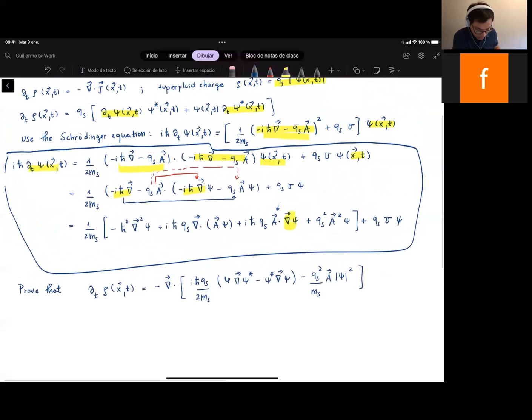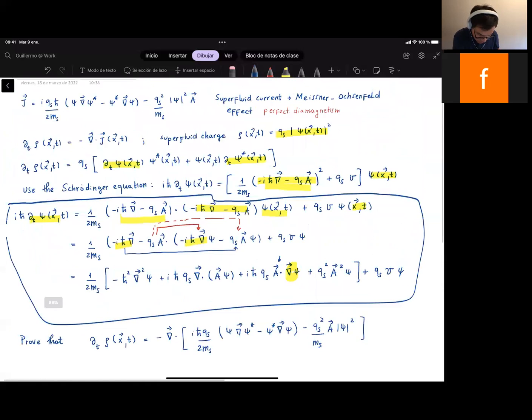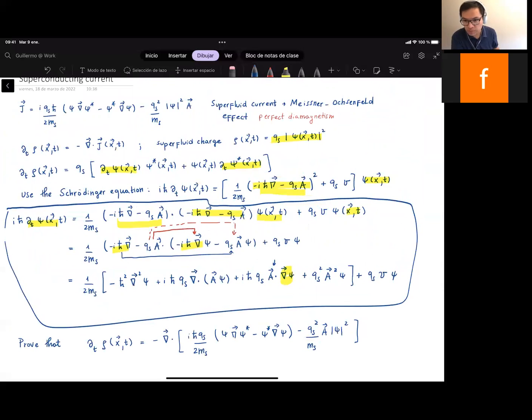So sometimes I like to show this calculation because working with this term squared and acting on the wave function, sometimes it's not trivial.